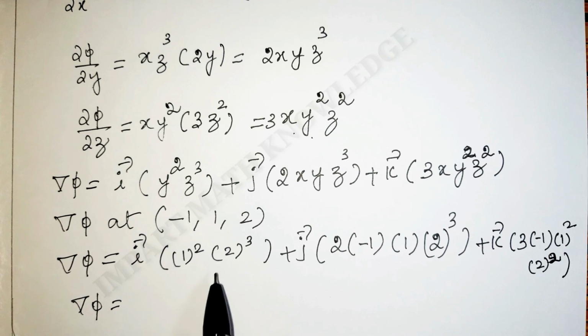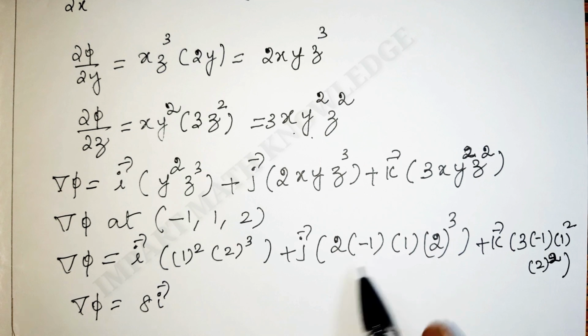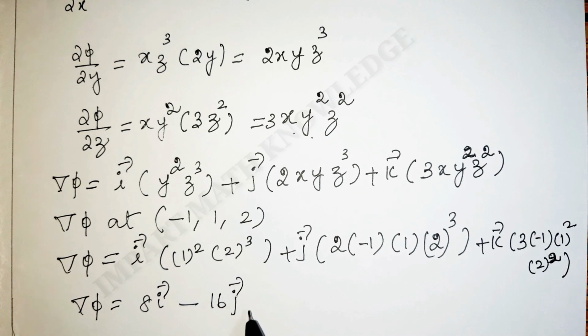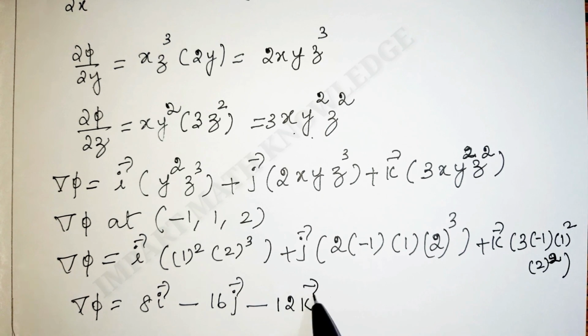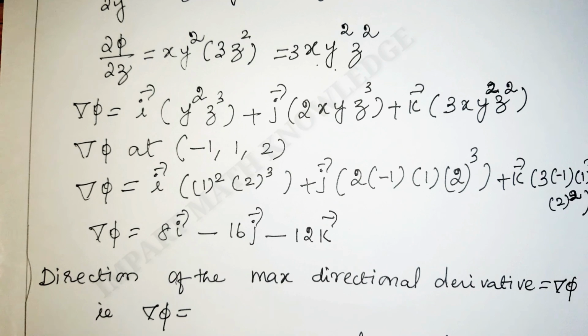So del phi is equal to 8i vector minus 16j vector minus 12k vector.